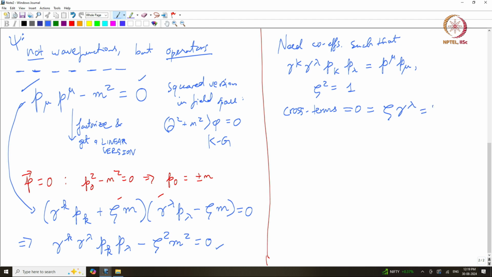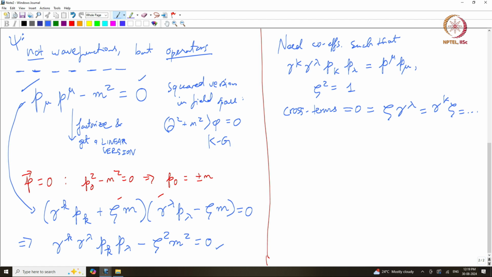I need this to vanish, and so on, right. How many cross terms are there? You can actually count and you will see that there are actually 6 cross terms, okay.